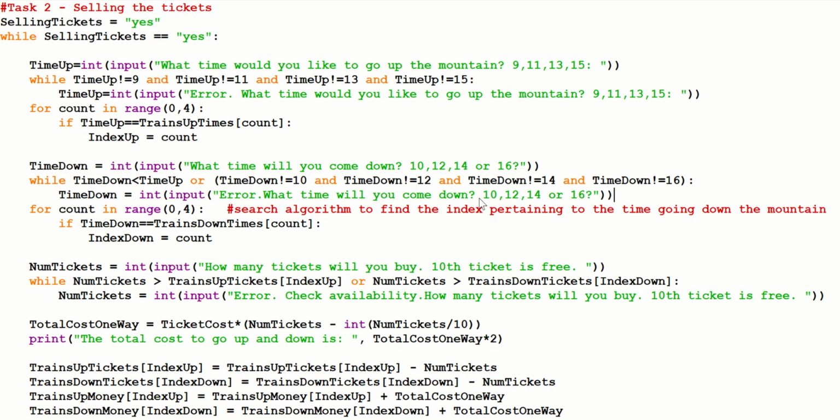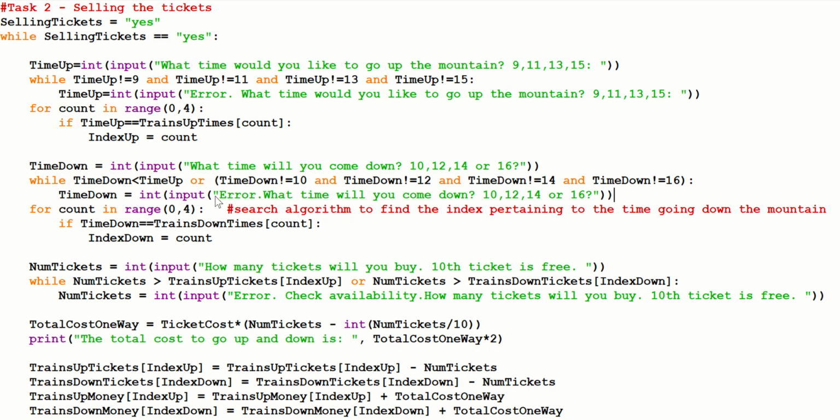Then a search algorithm to find the index pertaining to a time going down the mountain. This for loop would occur after this. So for count in range 0 to 4, if time down, for example it was 14, first count would be 0, and no, it's not 10, it will go to 12.